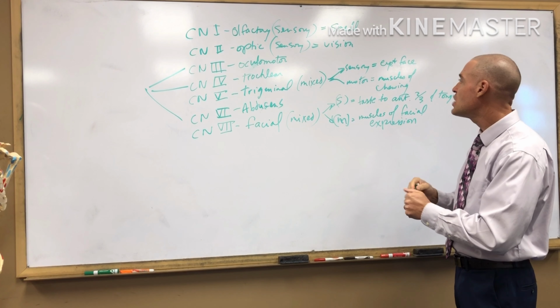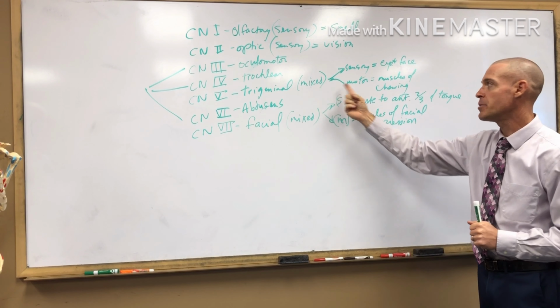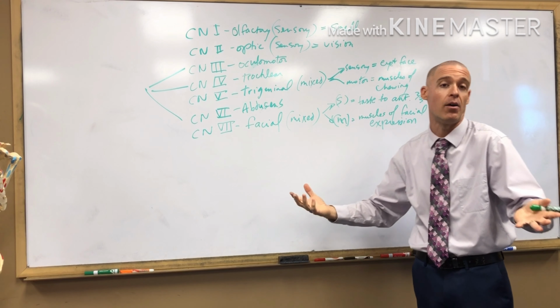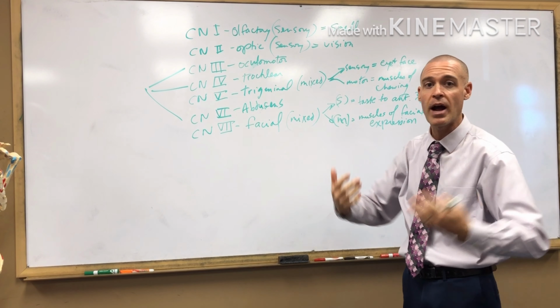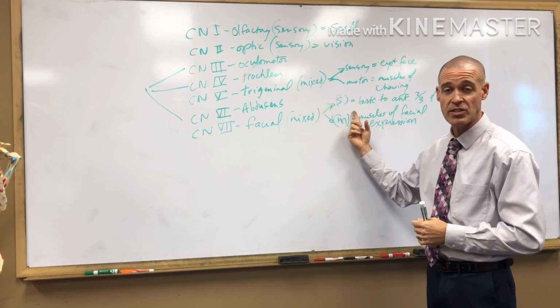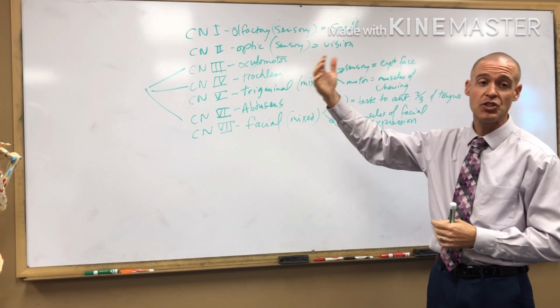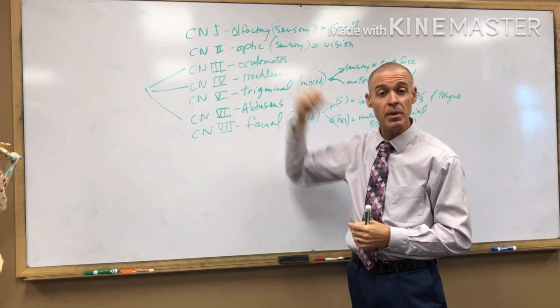So if I wanted to test this, go back to trigeminal for a minute. It's easy to test trigeminal really fast. I just get them to clench their jaws, feel the masseter, make sure it clenches. That tests the muscles of chewing. Come down here to facial. How would I test muscles of facial expression? I give them a smile. Get them to frown, raise the eyebrows. Obviously, to test taste, you can use cinnamon again.